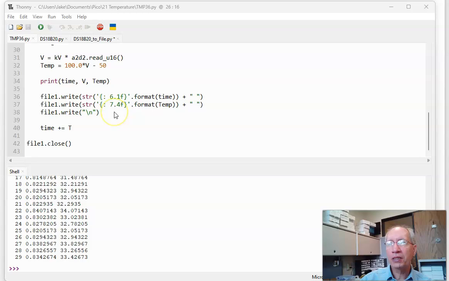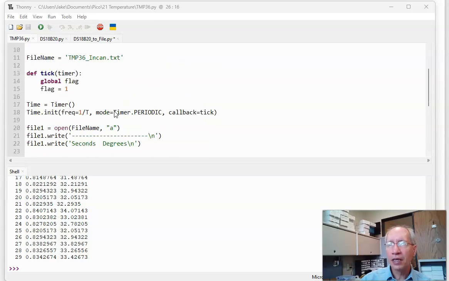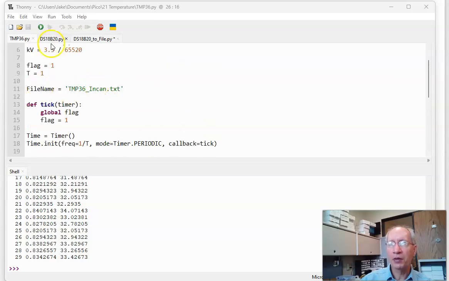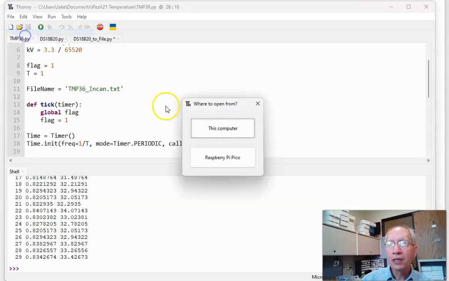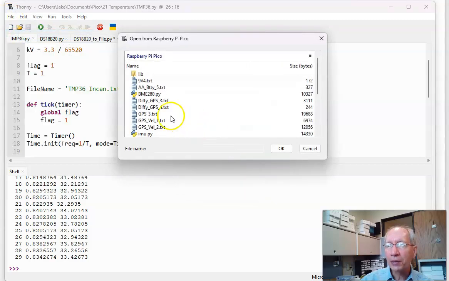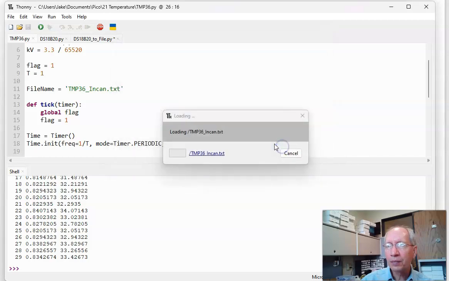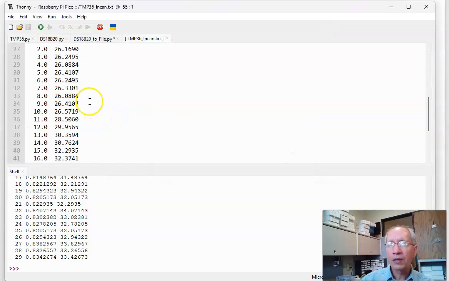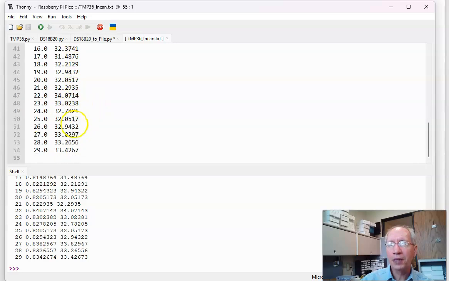After 30 data points, the file is closed, and that was the name of the file. Open that on the Raspberry Pi Pico. There's the data I just collected, time and temperature.